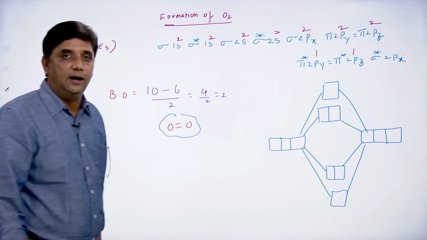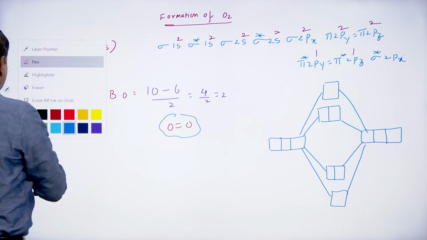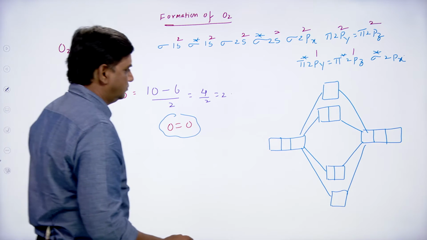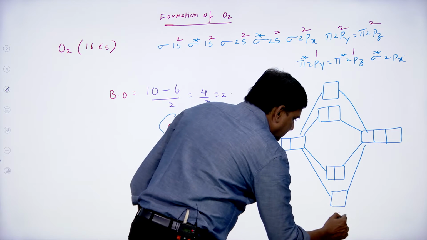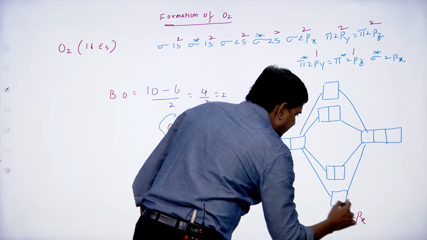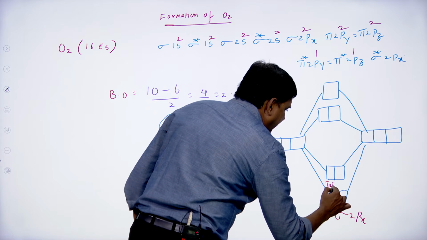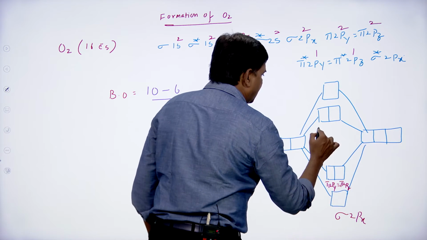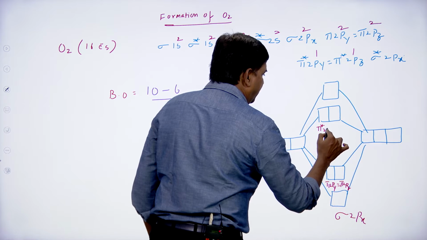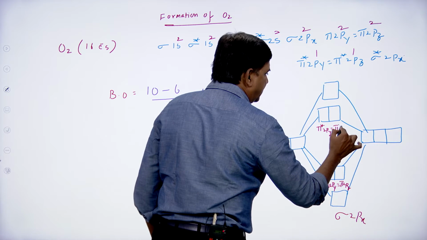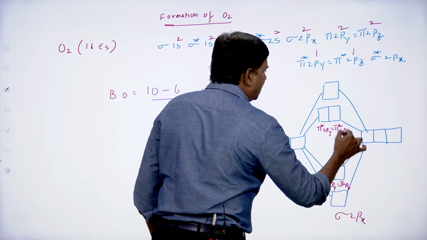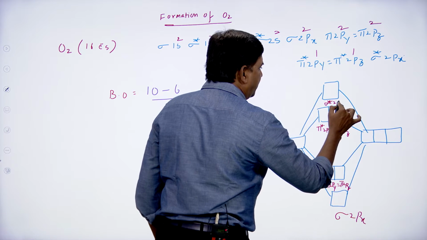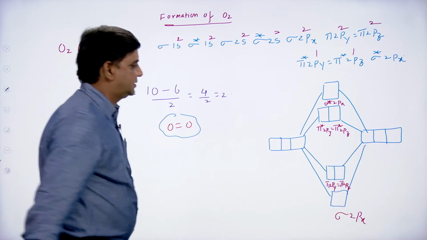Like this is the order: sigma 2px, pi 2py equal to pi 2pz, pi star 2py equal to pi star 2pz, and this is sigma star 2px.